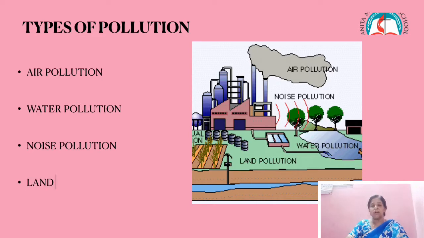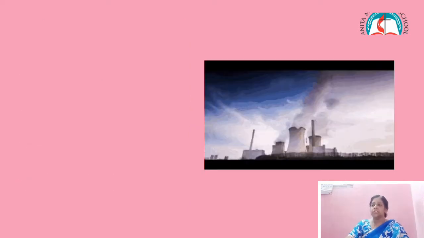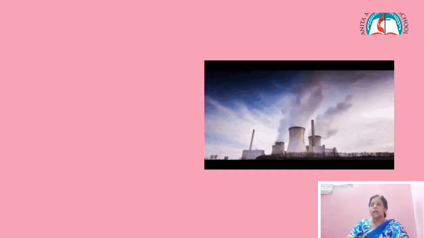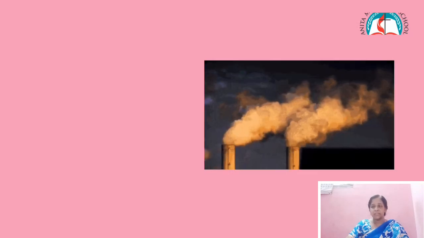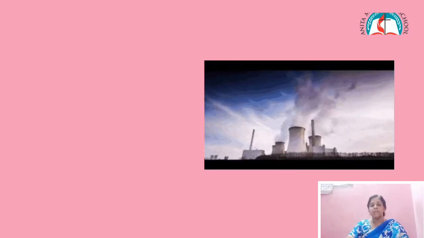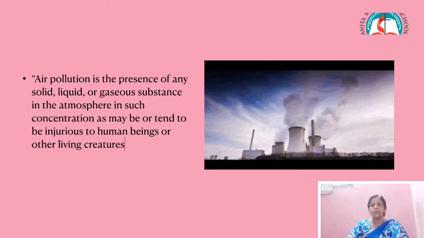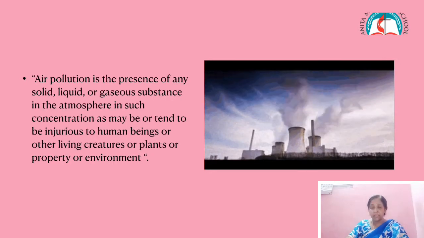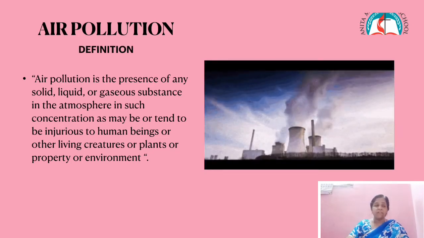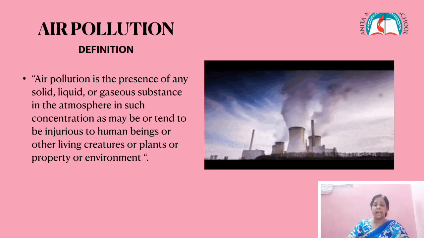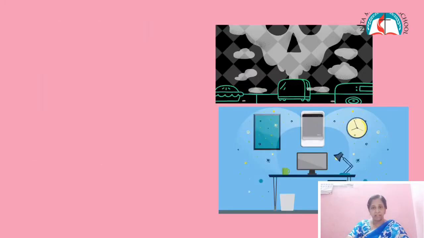The definition of air pollution: air pollution is the presence of solid, liquid or gaseous substances that mix with our environment, and because of that it is injurious not only to human beings but also to other living creatures, plants and animals, and it also affects the environment in many ways. This is the definition of air pollution.